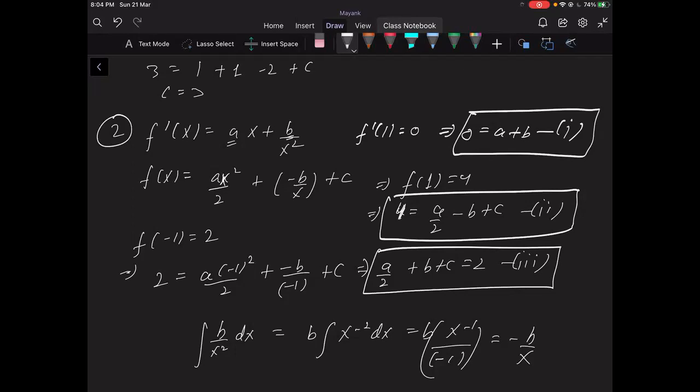equals plus C. B equals B minus 1. B is equal to minus 1.